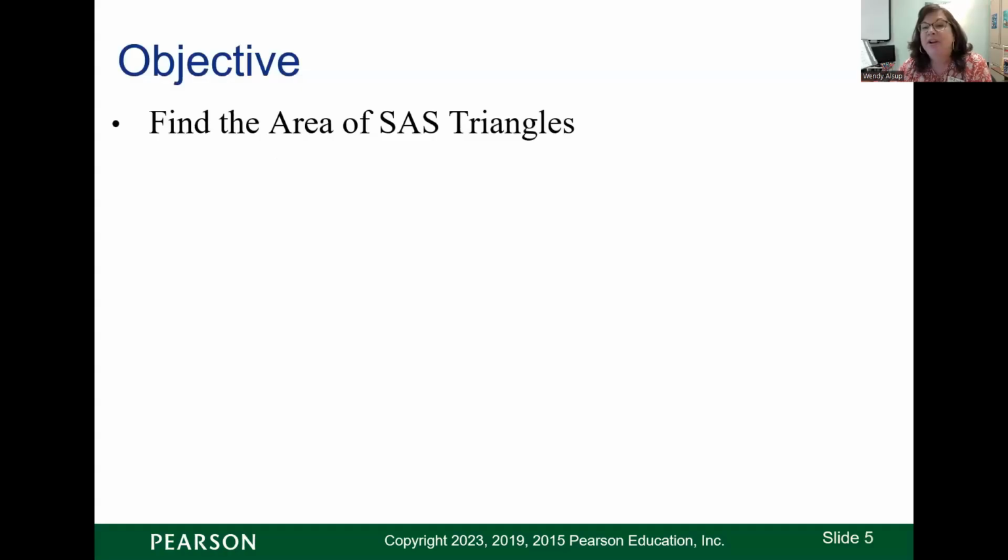All right, how about the area of a side angle side triangle? You don't know the base. You might know the base, but you don't know the height.